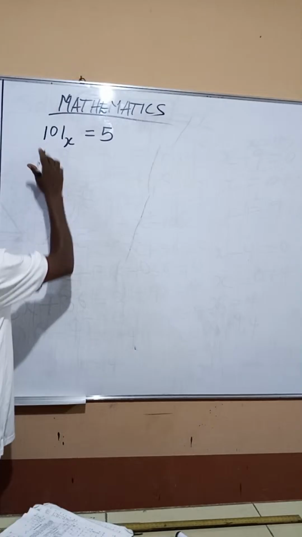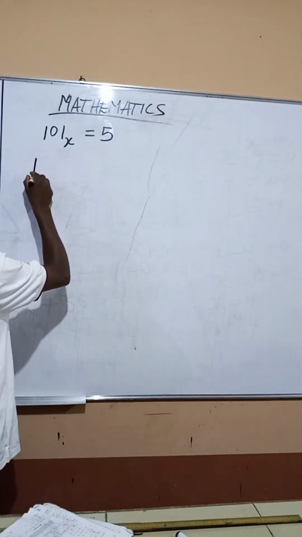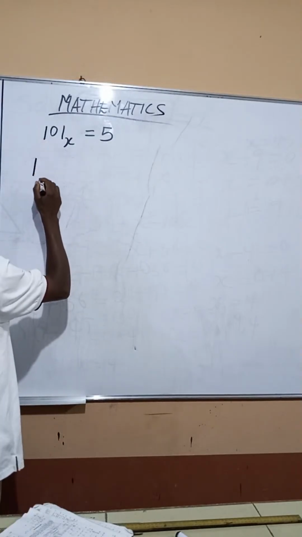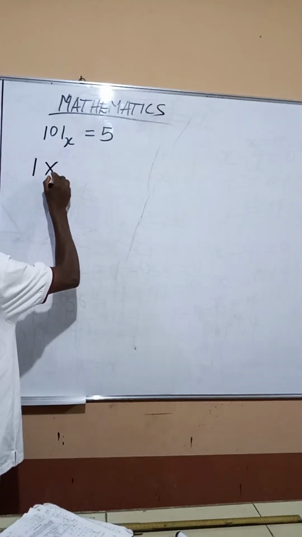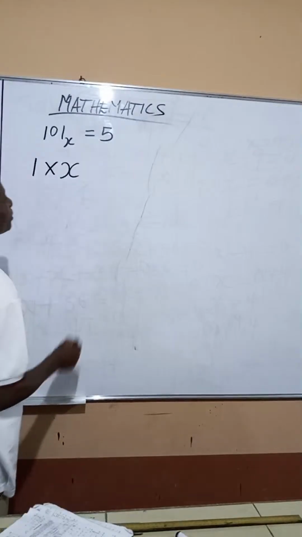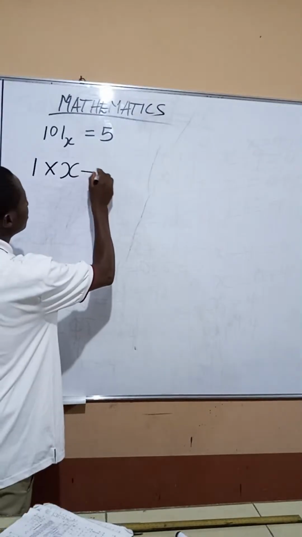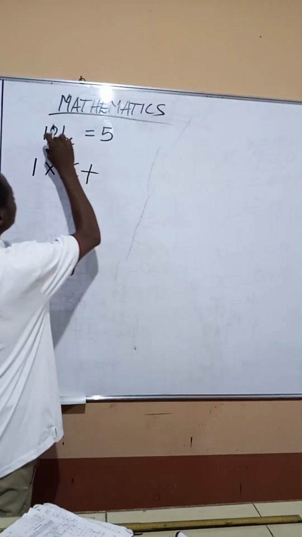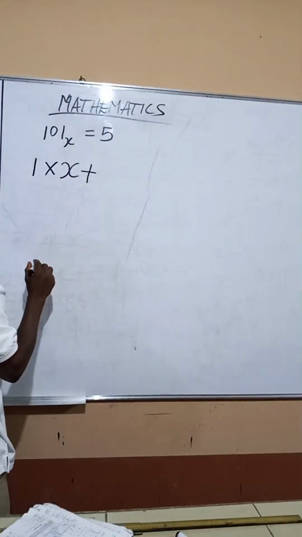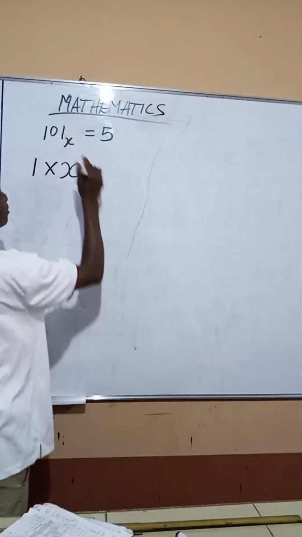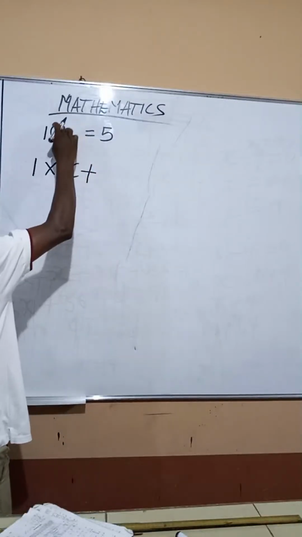So we are going to expand by using this. This is 1, okay? This is 1 times x. Remember what I said? This will be 1 times x. Then plus, this is 0 times x, okay? And this is 1 times x as well.